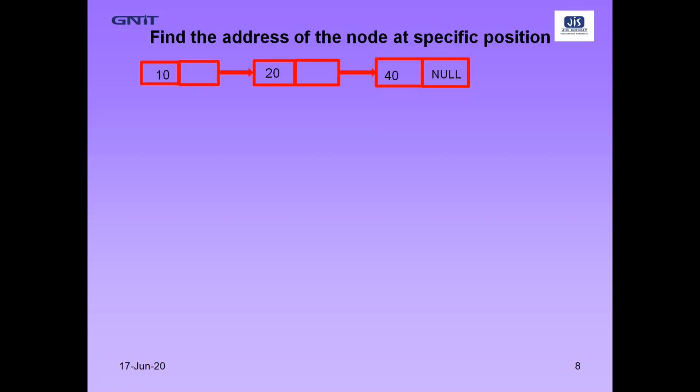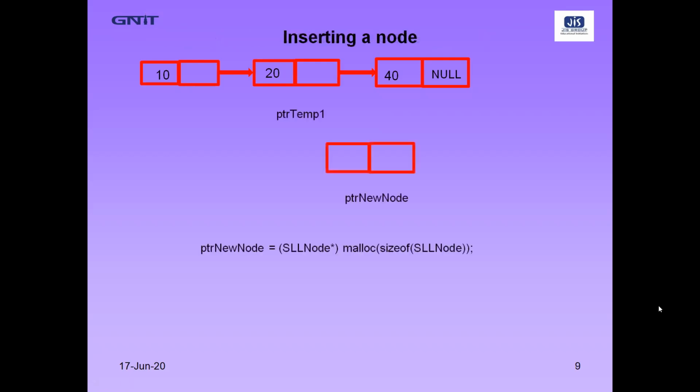Now in the next slide we will discuss another operation of a linked list, that is inserting a node in a singly linked list. For the insertion of a node, we use a pointer variable ptr_start to keep track of the first node in the list.